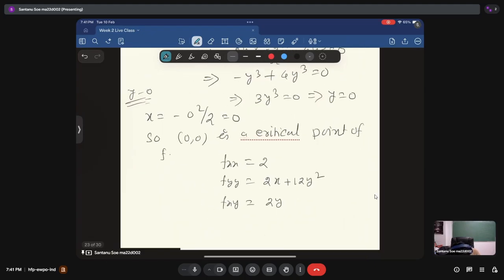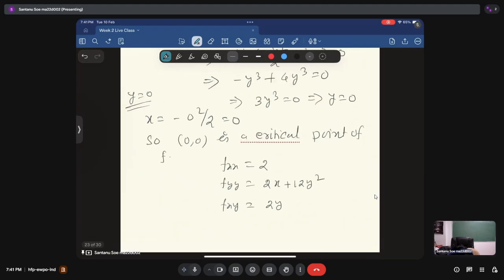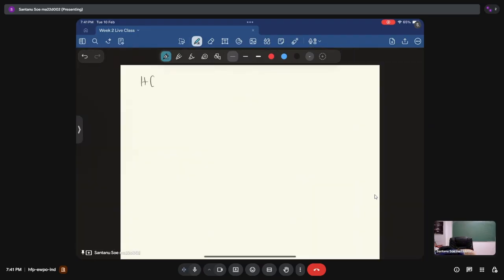Okay. So fxx at 0 0 will be 2, fyy at 0 0 will be 0, and fxy at 0 0 will be also 0. Hence the Hessian evaluated at 0 comma 0 is going to be fxx(0, 0) into fyy(0, 0) minus fxy(0, 0) square.